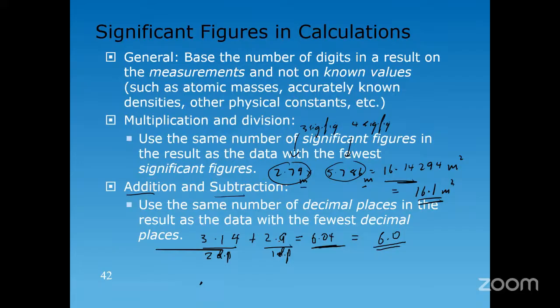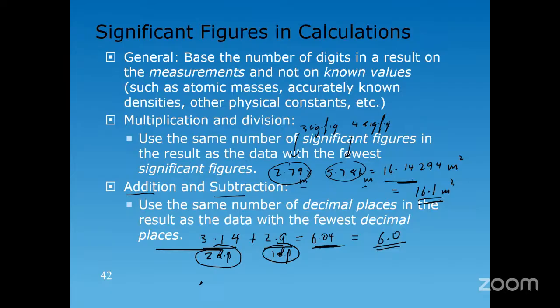And if you do that on your calculator, you're going to get 6.04, right? Now, this number here is expressed to 2 decimal places, and this number here is expressed to 1 decimal place. So that means that you need to round this off to 1 decimal place, and that would be 6.0, right? So that's basically the rule for addition and subtraction, all right?